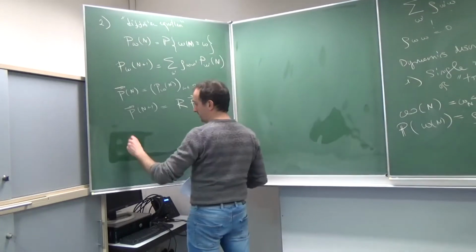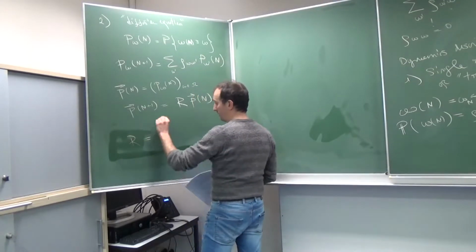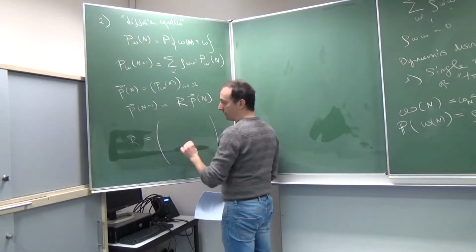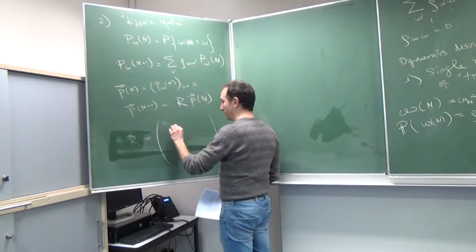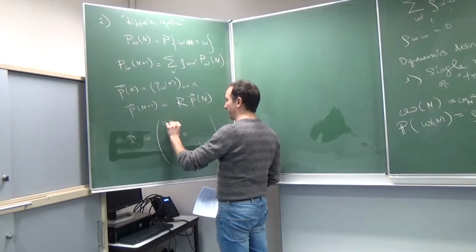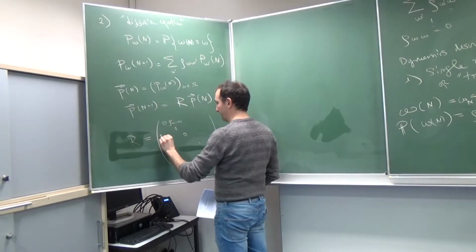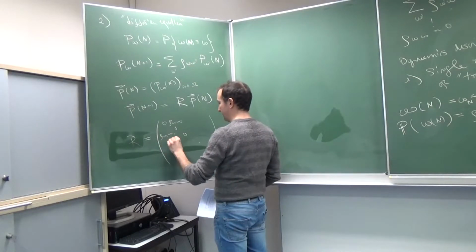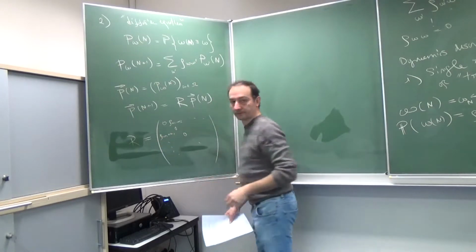Okay, so R will be, in our particular case, because we decided that we don't have self jumps, rho omega 1, omega 2, rho omega 2, omega 1, and so on.